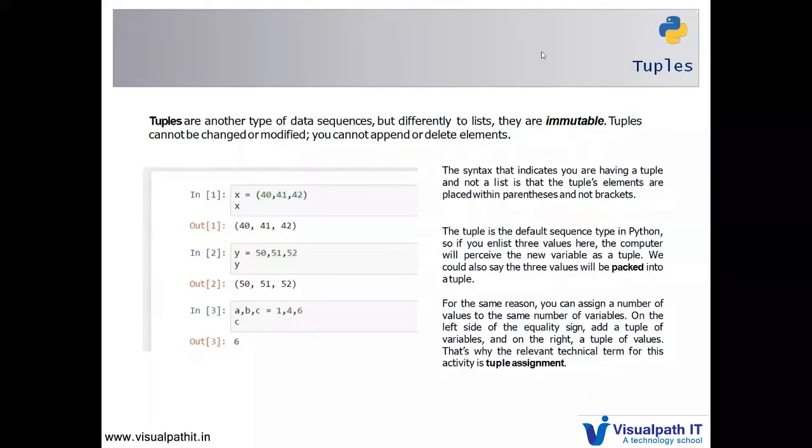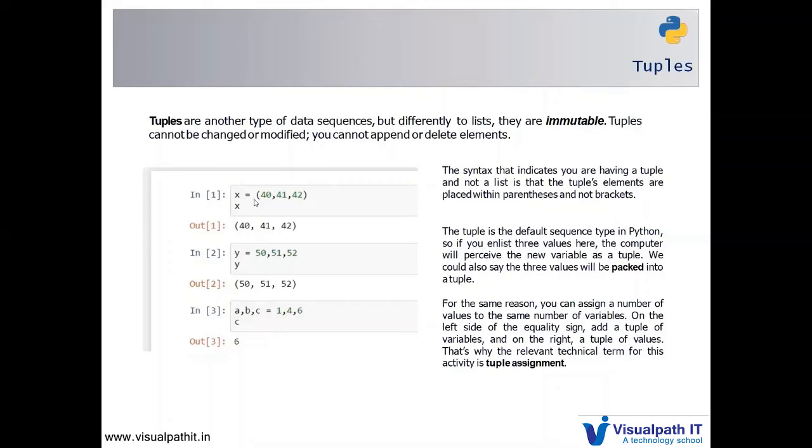What are tuples? Tuples are another type of data sequences, just like lists, but they are immutable. Tuples cannot be changed or modified, which means that you cannot append or delete elements. So for a list where we used square brackets, here we use rounded brackets.